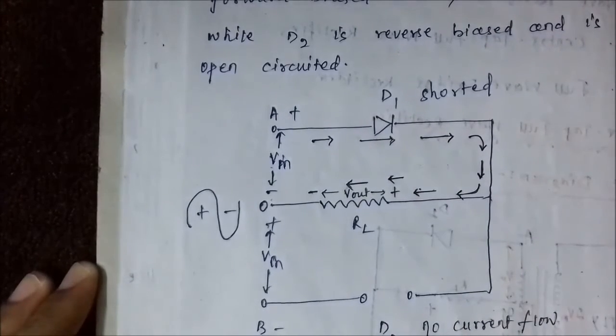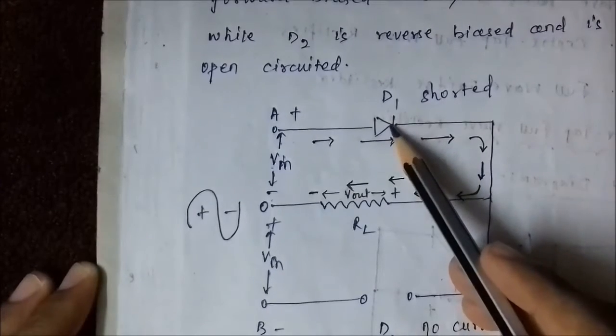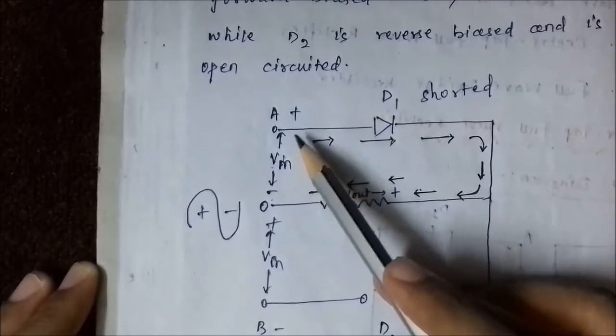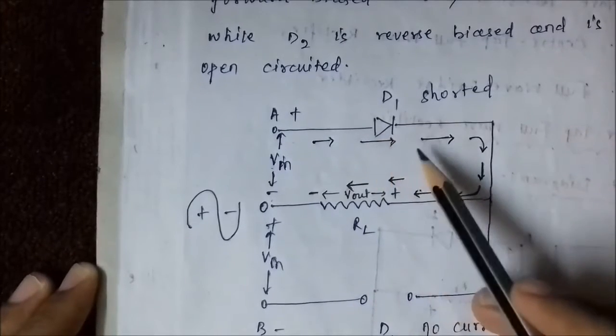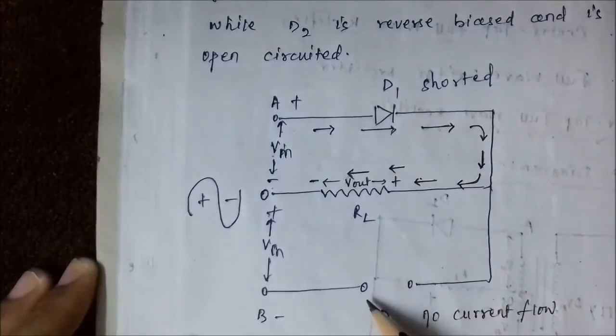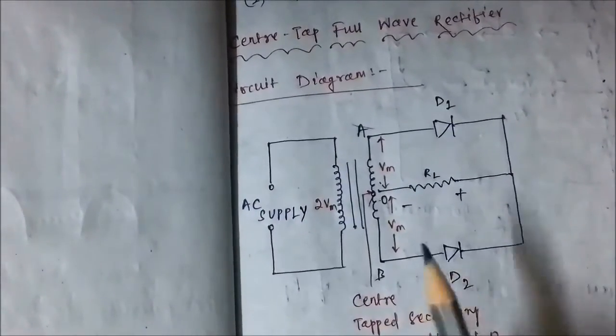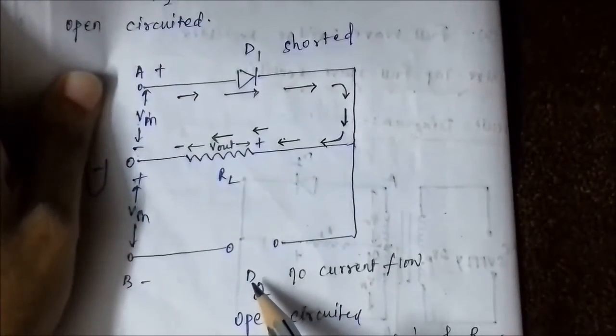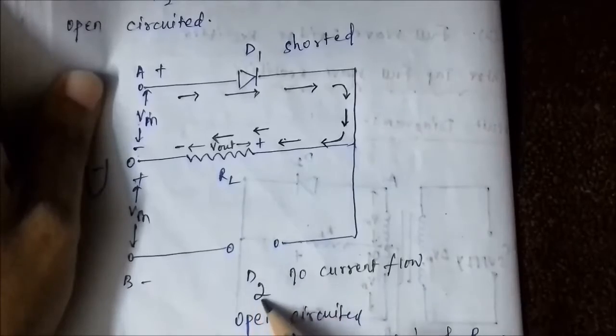Because of this, the diode D1 with its p-type end connected to the positive terminal is forward biased, gets short circuited and is activated, while the diode D2, which has its p-type end connected to the negative terminal as B attains negative polarity, gets open circuited due to reverse bias and is deactivated.